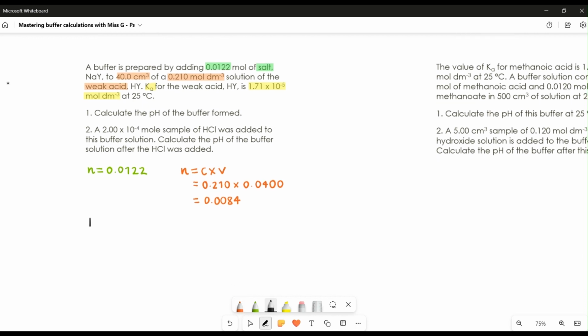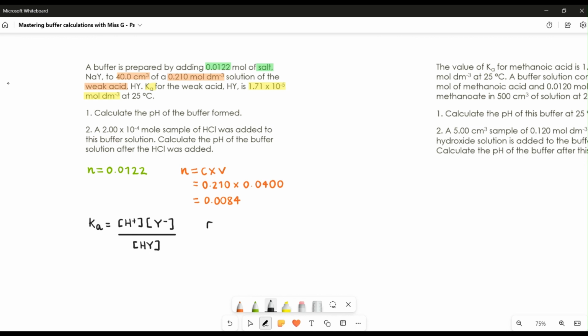And then we've been given our value for Ka. So we can write our Ka expression as the concentration of the H plus ions, the concentration of the Y minus ions divided by the concentration of HY. And in part 1 of this little series, I talked about how we don't need to use concentrations for the weak acid, HY, and the salt Y minus, and that instead we can use the moles and that this was far easier.